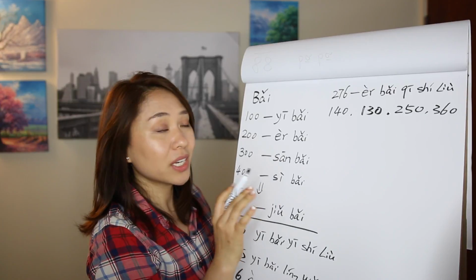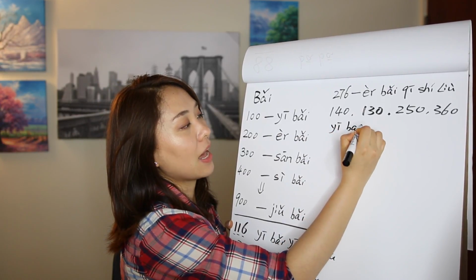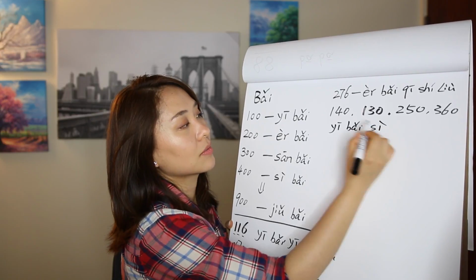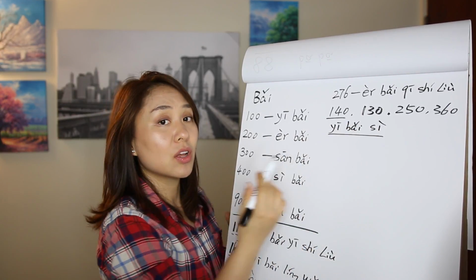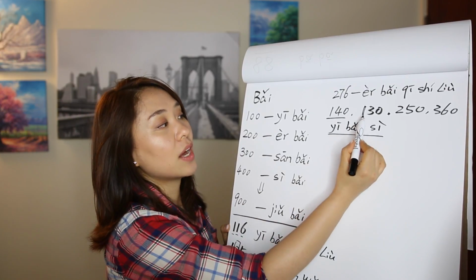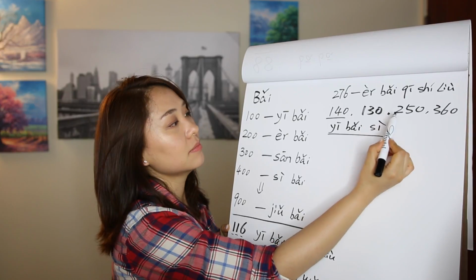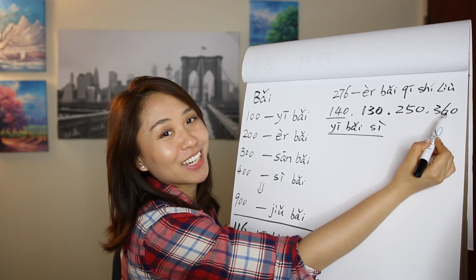These numbers, we can just say 104 for this one. We don't have to say 140. Usually we shorten it, we just say 104. This one, 103. 205. 306.